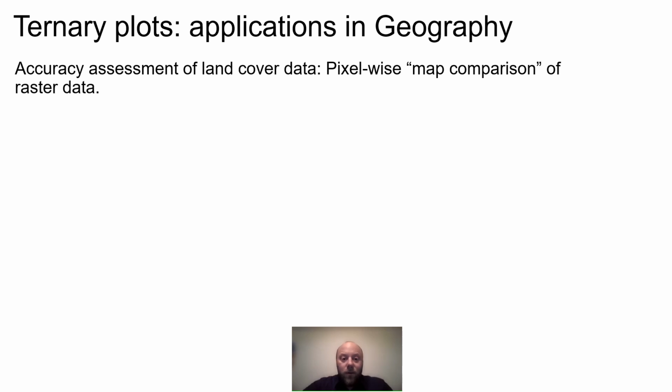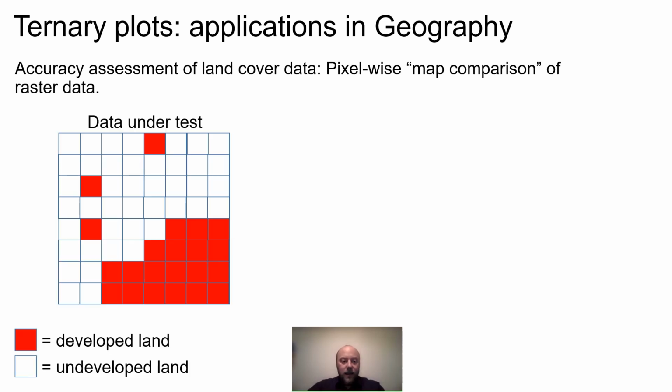Whenever somebody creates a data set such as land cover data, people are interested in how accurate this data product is, right? A way to assess the accuracy of categorical spatial data such as land cover data is by using pixel-wise map comparison to a reference data set.